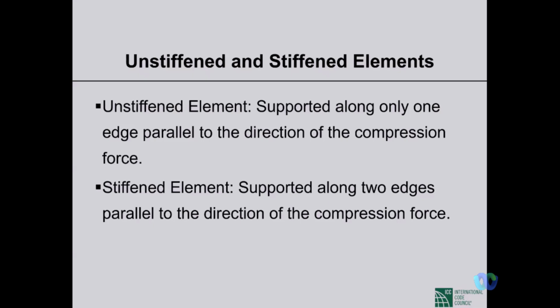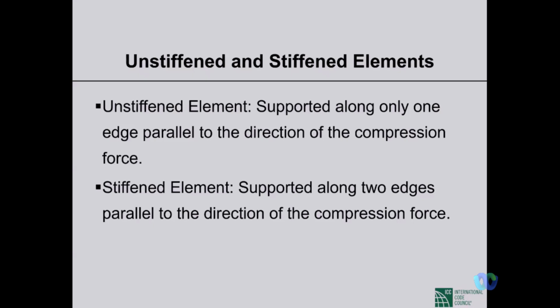This is not related to stiffeners, although we are using the term stiffened, but here it has a different meaning. We are talking about elements of members, like the flange is an element of an I section, or the web is an element of a T section, for example. So we are talking about elements of sections.